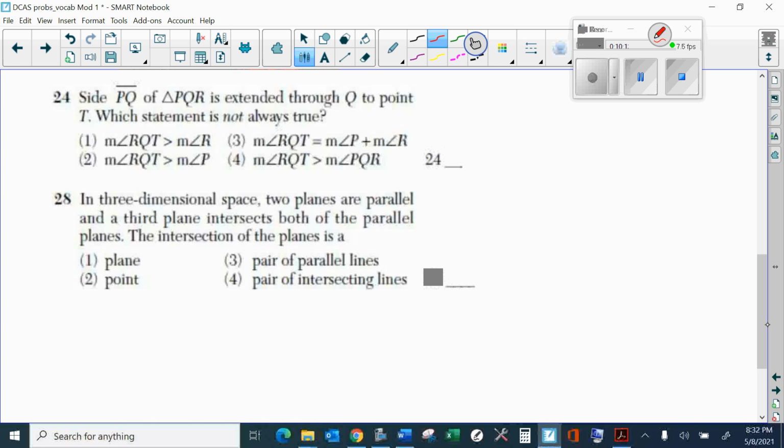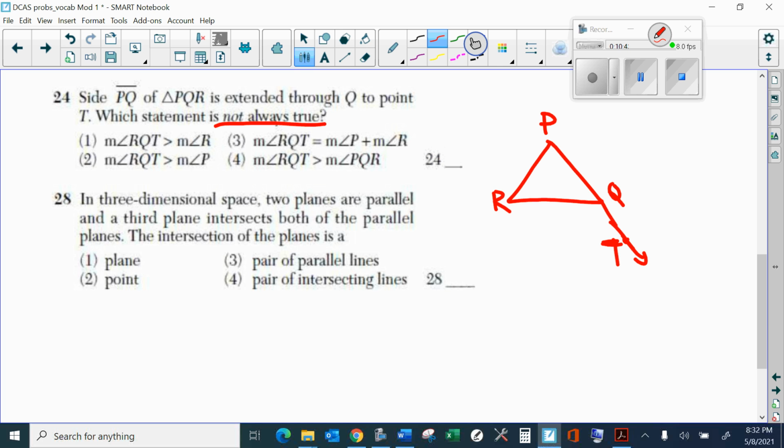Okay, side PQ of triangle PQR is extended through Q to point T. Which statement is not always true?